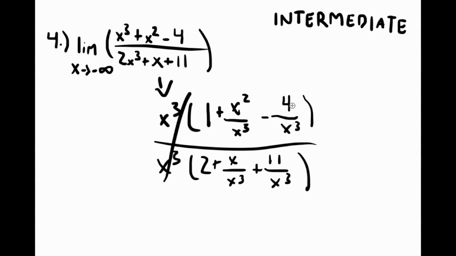And as we said before, we could replace a lot of these with just 0, because this is just going to be 1 over x, and this is just 1 over x squared.